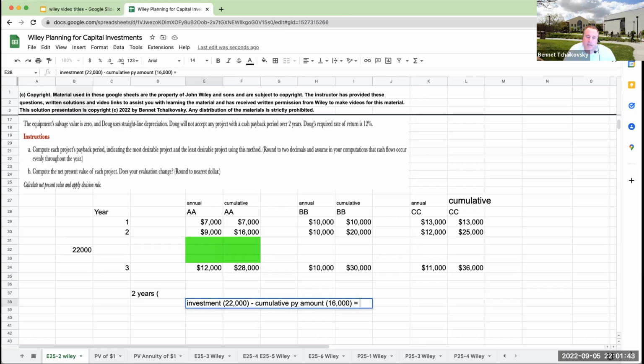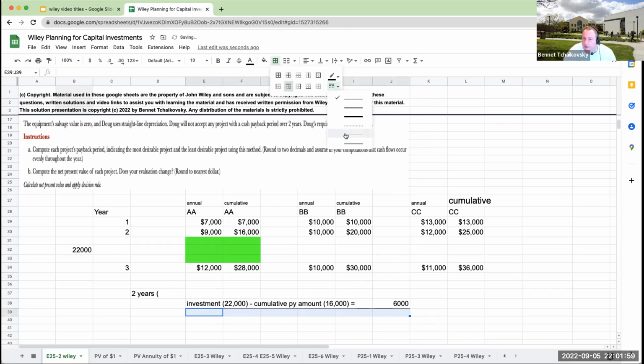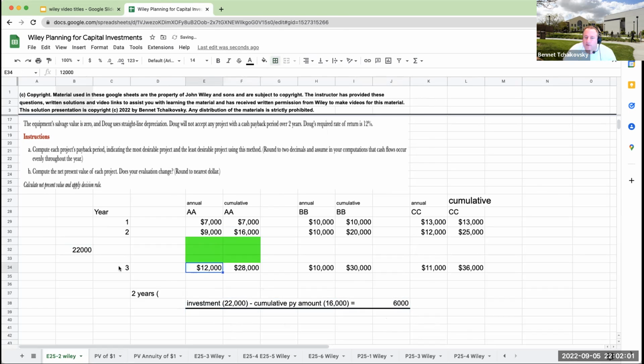So the amount we need beyond this to break even is $6,000, right? 22,000 minus 16. To get the fractional year amount, we divide this by the year 3 cash flow, because of at what portion in time did we actually get back this 6,000.